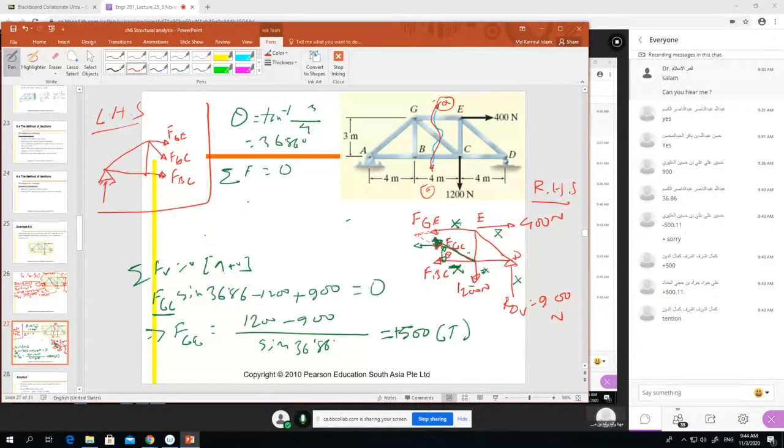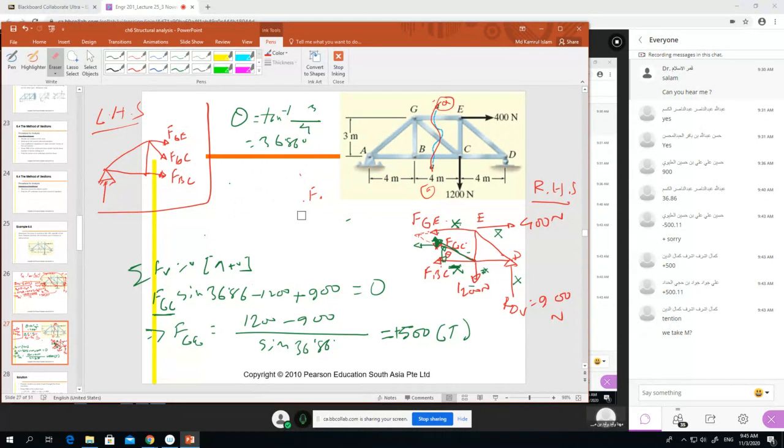Again, we already know the FGC value, 500 tension. We have two unknowns: FGE is unknown, and another is FBC. If we take the sum of horizontal forces equal to zero, we'll have two unknowns. So we go for a much easier one, so that we have only one unknown. I will show you the trick and how to do it.